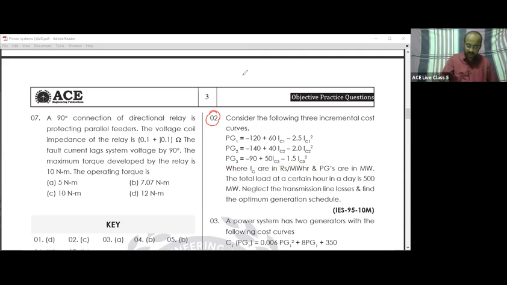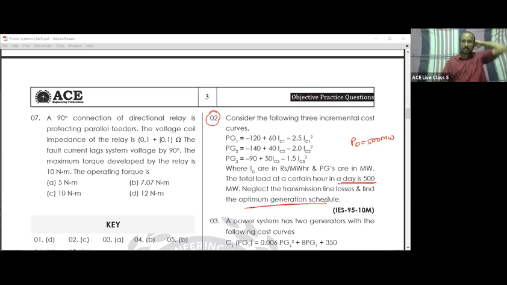IC is the incremental cost in rupees per megawatt hour. And the total load is PD, 500 megawatt. What is being asked? Neglecting transmission line losses, find the optimal generation schedule. Take the screenshot of this second problem.